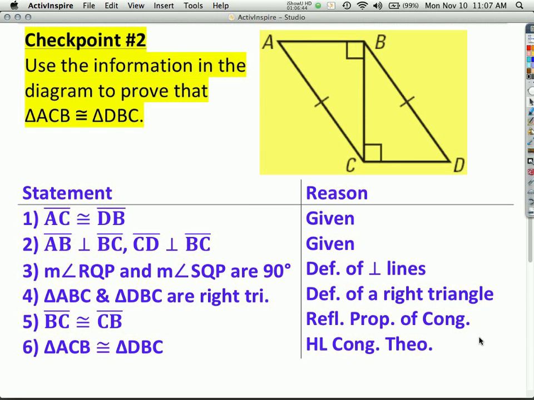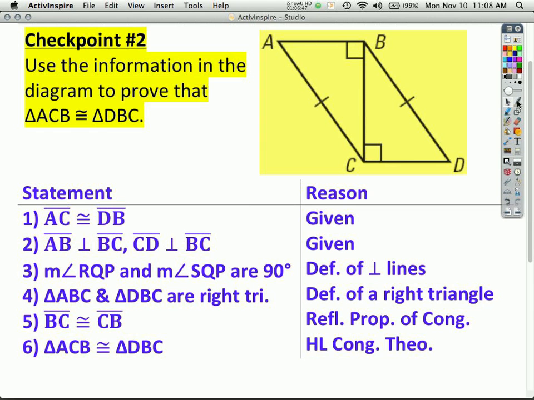Clearly that's a mistake, so I apologize for that. I copied and pasted from a previous one and I didn't change the letters, so I'm sorry. That should be CBA and BCD. So I'm sorry about that.